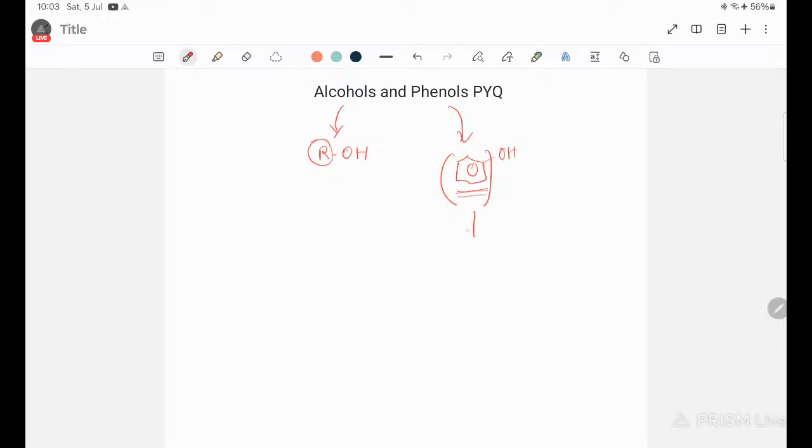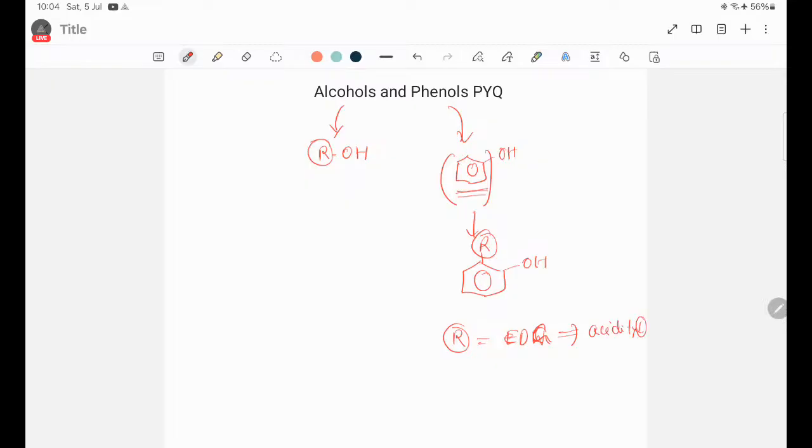Because when any R group is present in the phenol structure, whether that R group is electron withdrawing or electron donating, the acidity of phenol will differ. If R is an electron donating group, EDG, as we learned in the previous class, then the acidity will decrease, right?